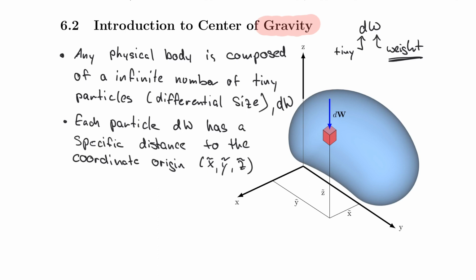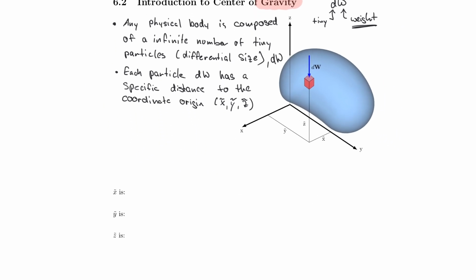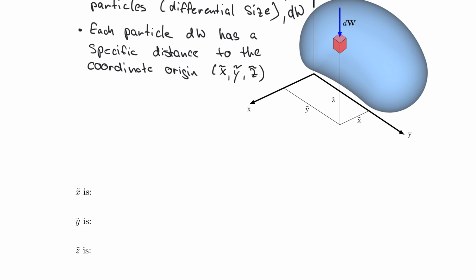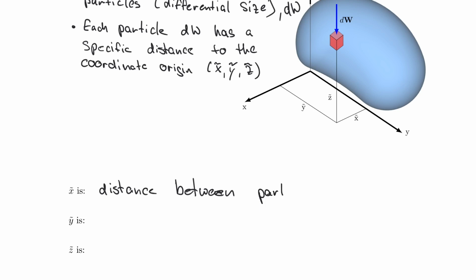And now we can pretty much complete our fill in the blank here on the bottom. So x tilde is the distance between the particle, and that's the super tiny particle, so dW, and the coordinate origin.